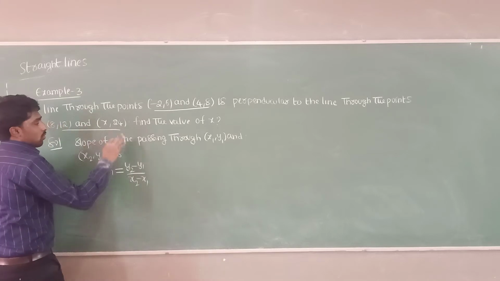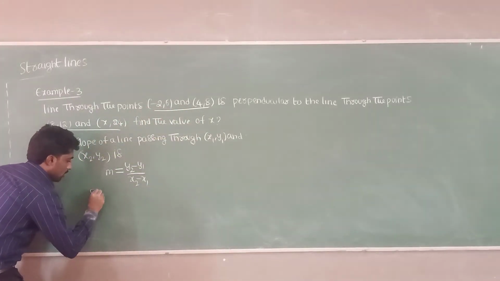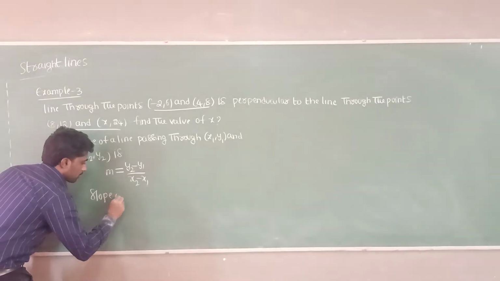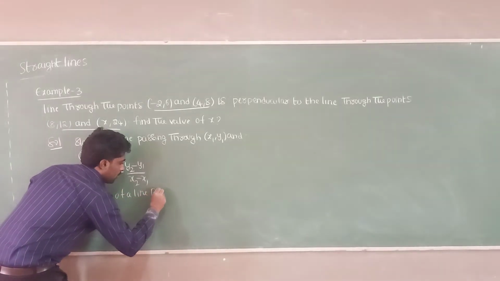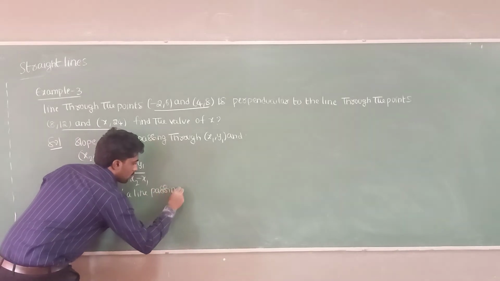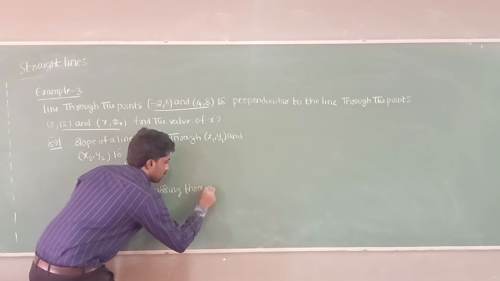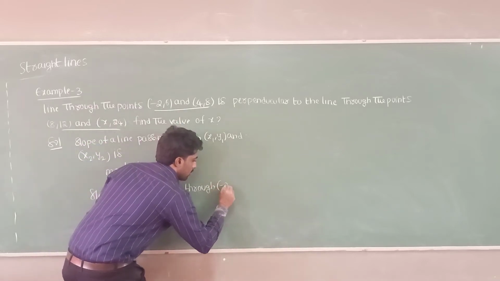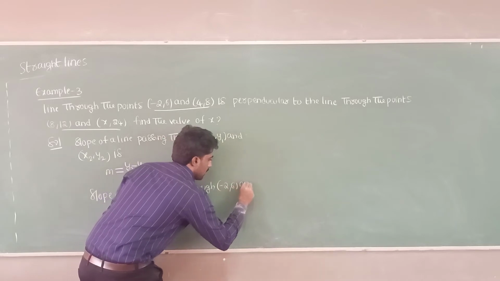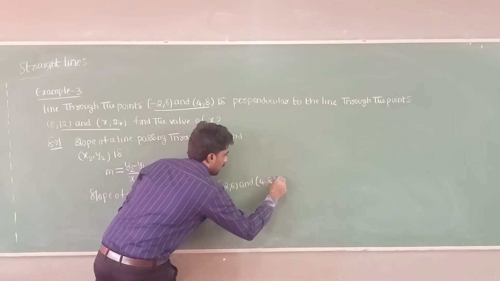Now the slope of the line passing through minus 2 comma 6 and 4 comma 8 is.